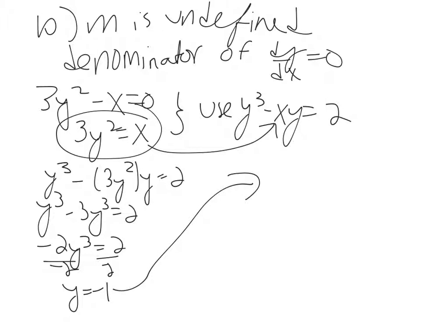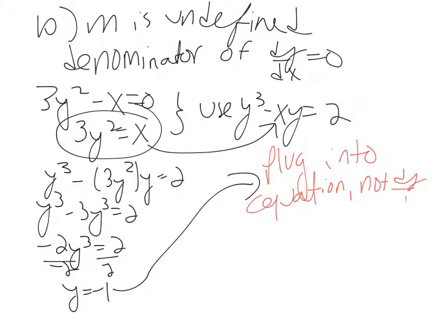Now I plug this back into the original equation, not the derivative. So that would give me (-1) cubed minus x times (-1) equals 2.